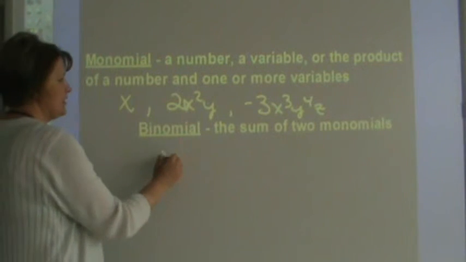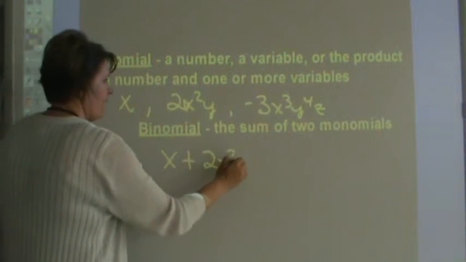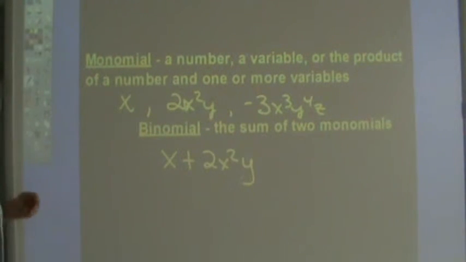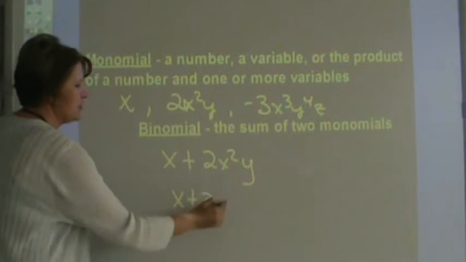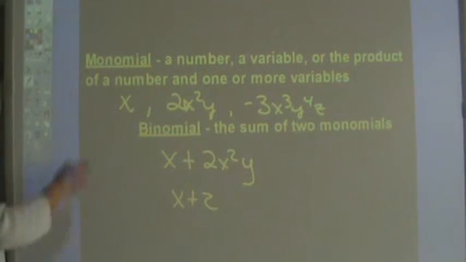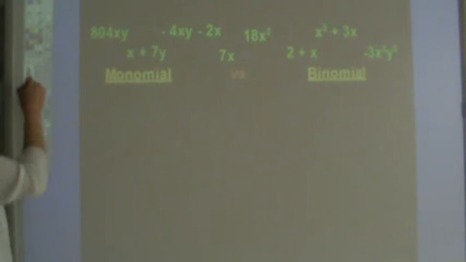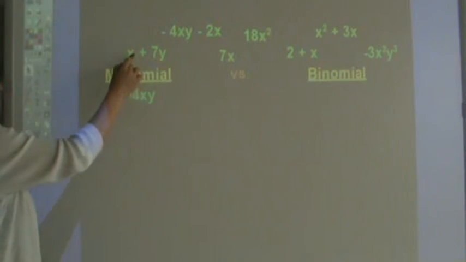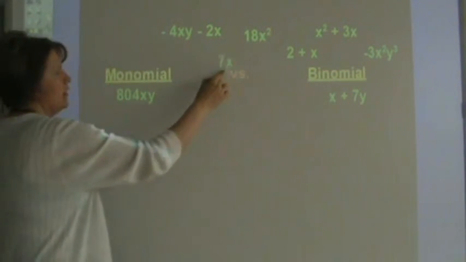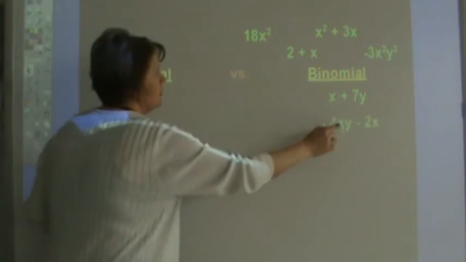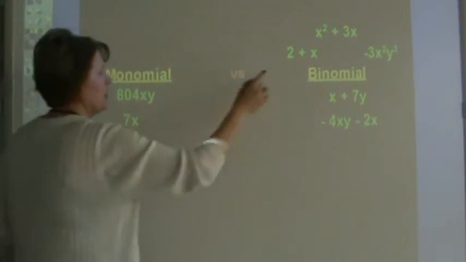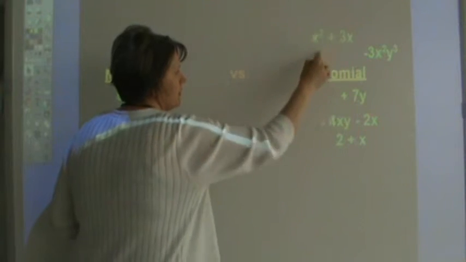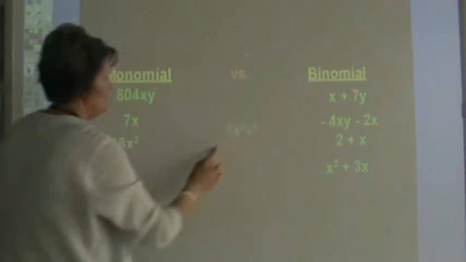So if I add two of these together, now it's a binomial. Could be as simple as x plus 2. Okay? So if we had to identify these, this would be a monomial, binomial, monomial, binomial, monomial, binomial, binomial, monomial.